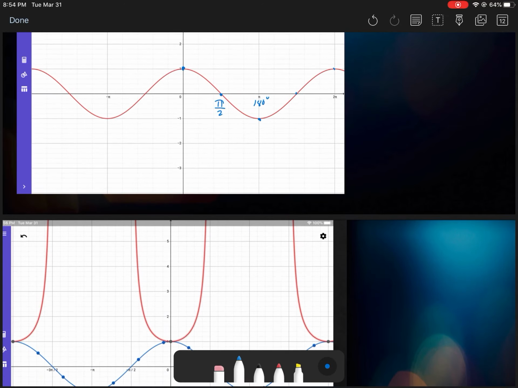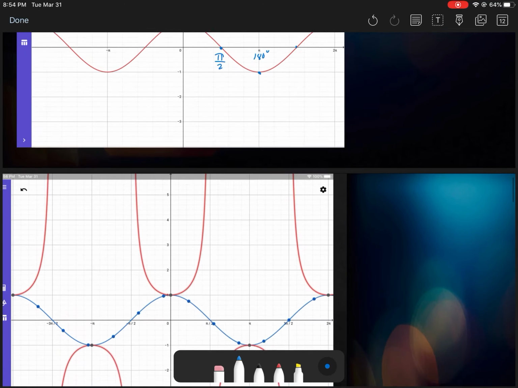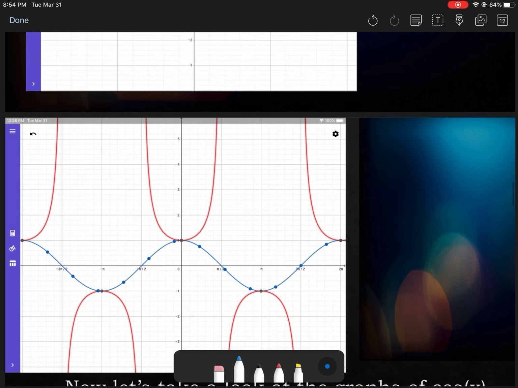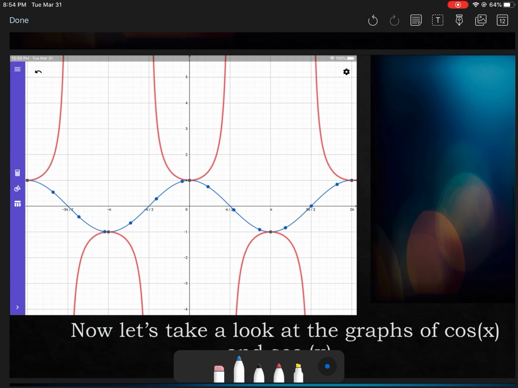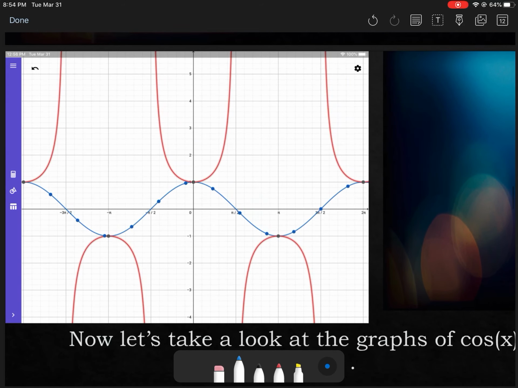Now let's take a look at cosine as well as its reciprocal. Okay, so what do we notice here? Kind of looks very similar to cosecant. Okay, going from 2 pi to negative 2 pi, we have 3 full graphs and 2 half graphs.